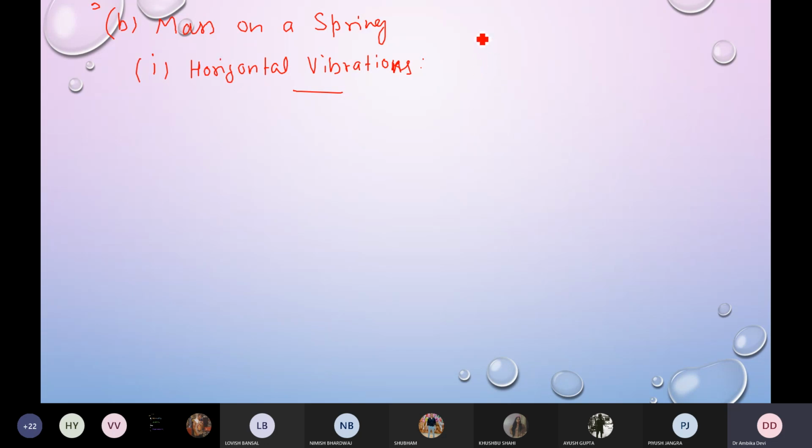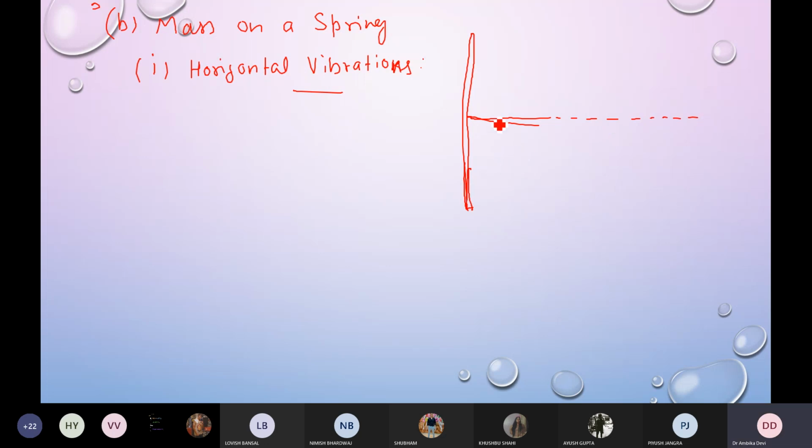We can show it diagrammatically also. So this is the fixed support to the spring. Here the spring is tied, connected to the fixed support.